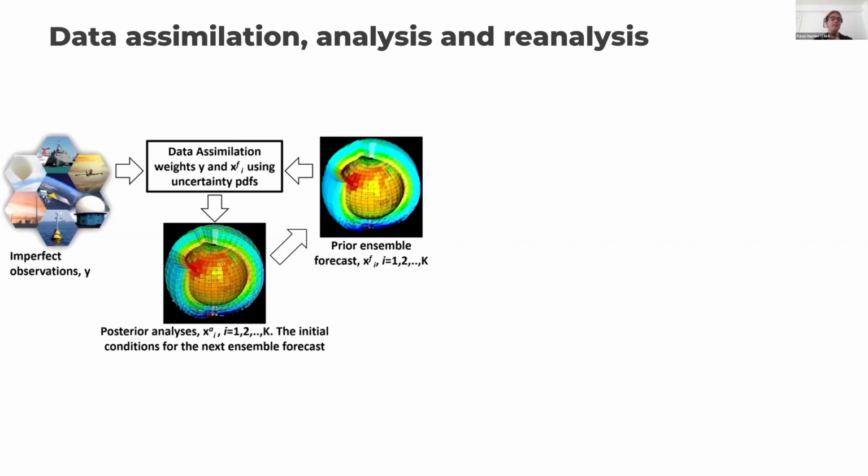And we must also be able to quantify the errors of the observations. It takes these two data sets: the observations, which are very few, and the model, which has a lot of results, and it combines the two into something closer to reality, taking into account the errors of the observations and the errors of the model, okay?